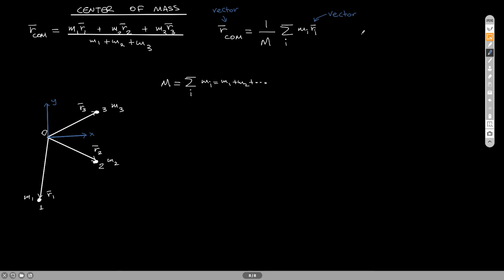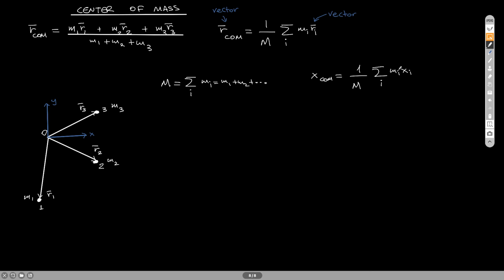For example, if you want to find the x position of the center of mass, what you really need to do is 1 over m, and then you're adding mi xi.